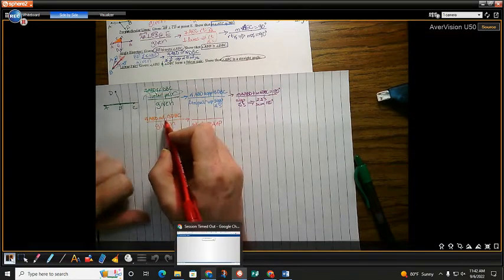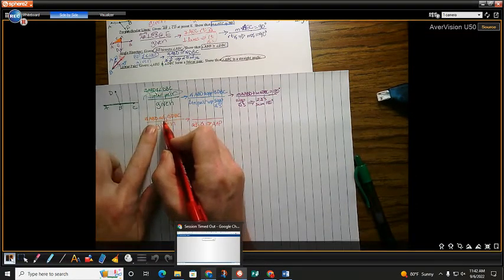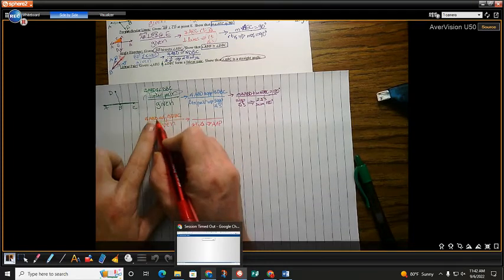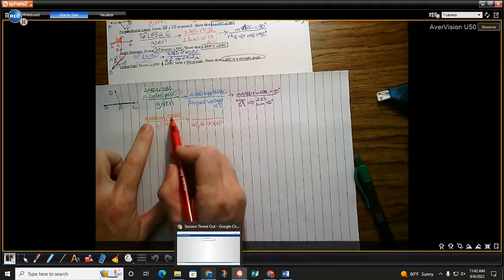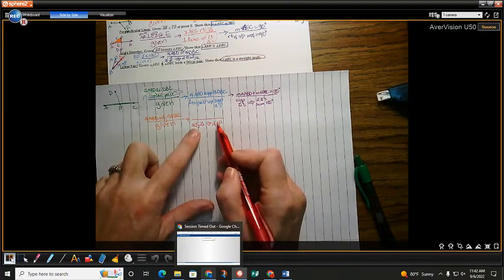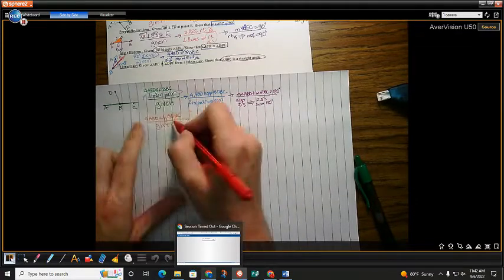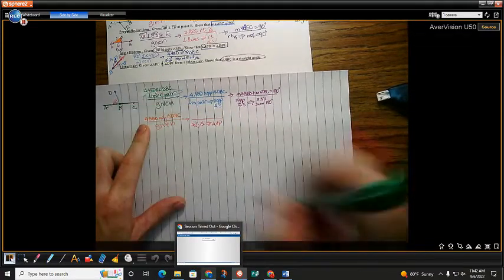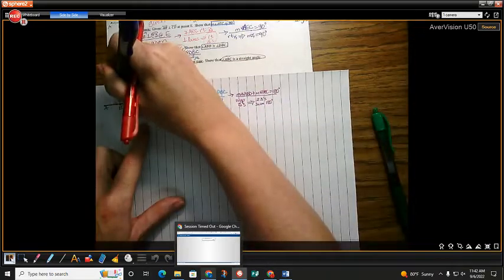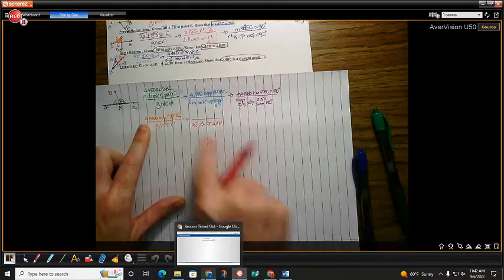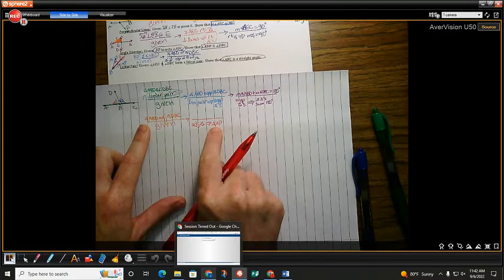If we take these two adjacent angles, what would be getting added in my angle addition postulate if I've got angle ABD adjacent to angle DBC? What would they be adding up to?